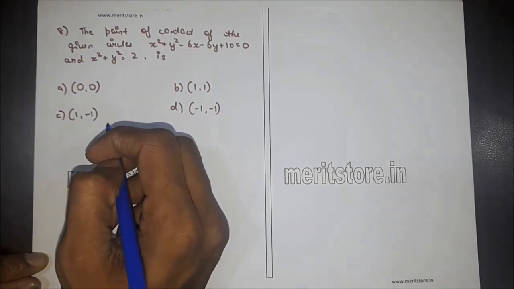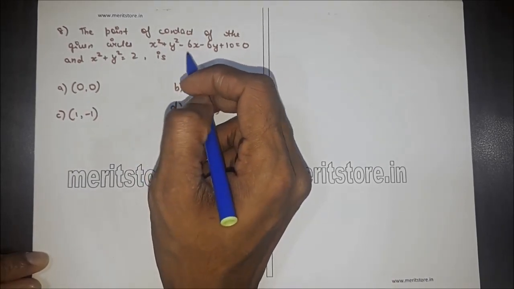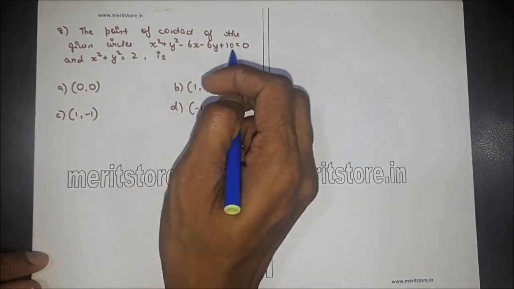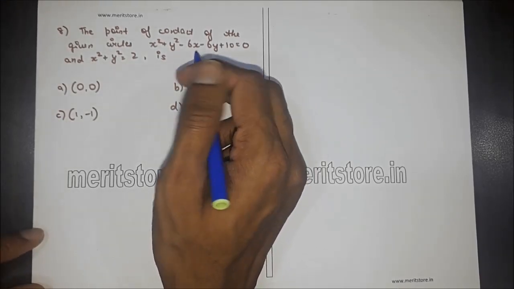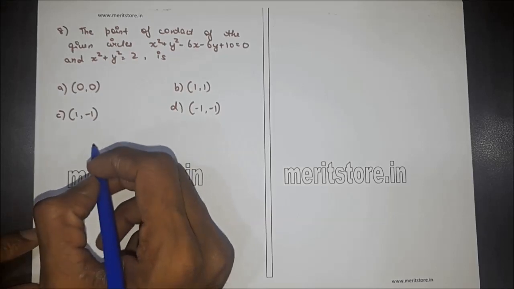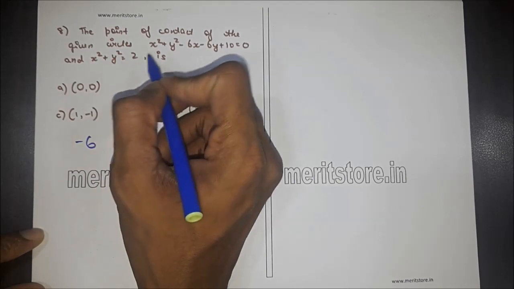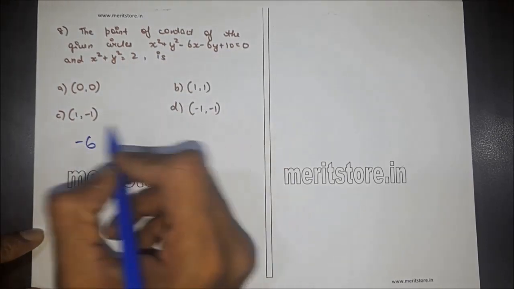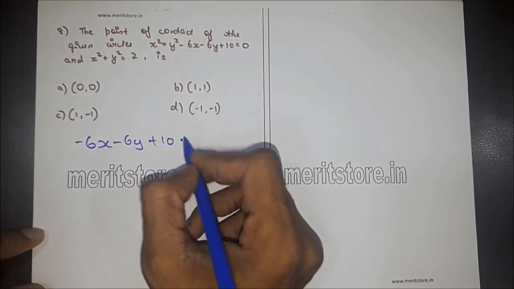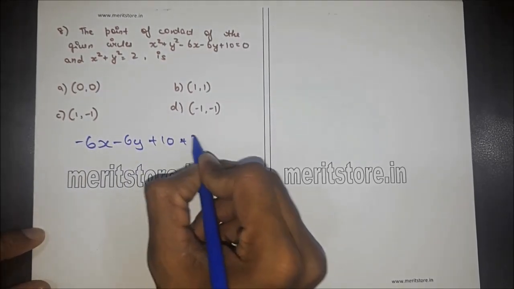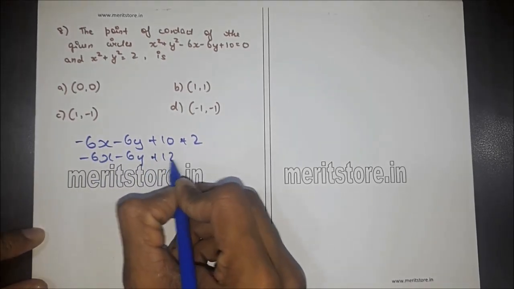We have the equations of the circles given as x square plus y square minus 6x minus 6y plus 10 equal to 0, and x square plus y square equal to 2. We substitute the value of x square plus y square, which is equal to 2, and solving further we get minus 6x minus 6y plus 12 equal to 0.